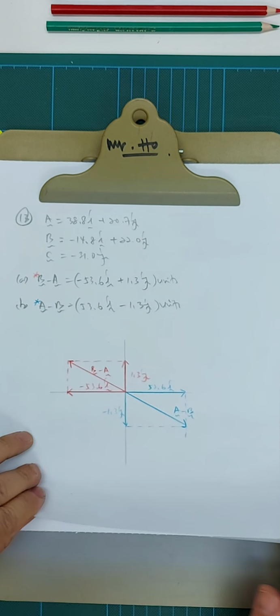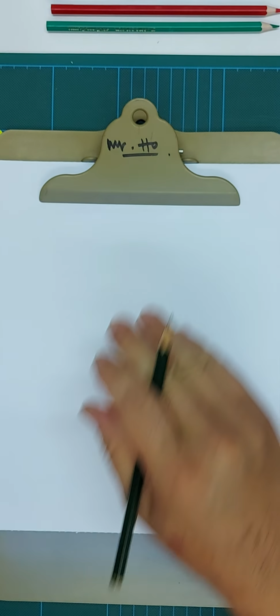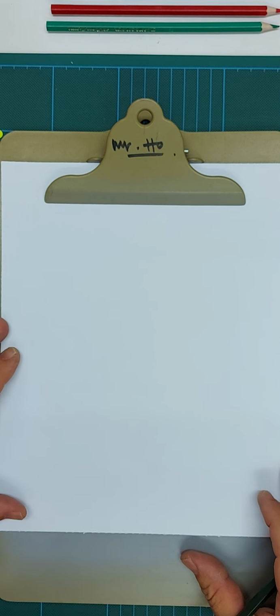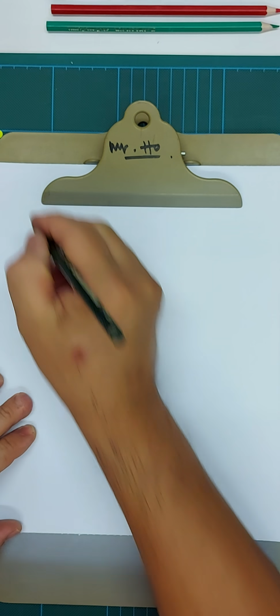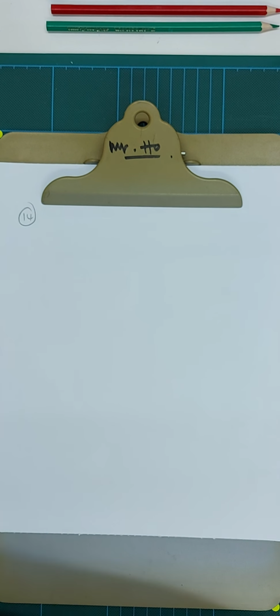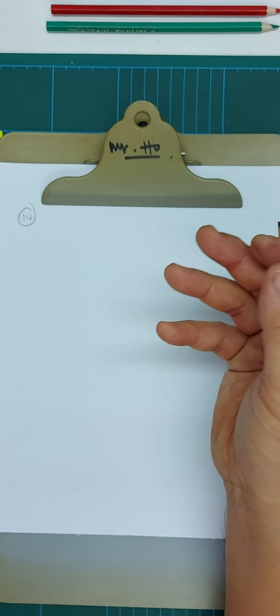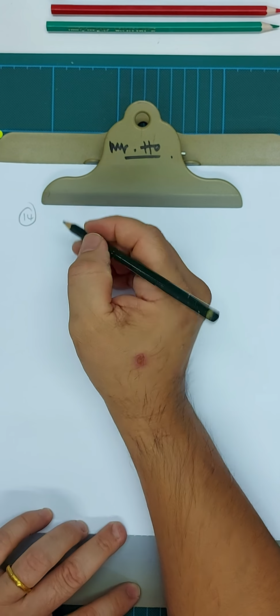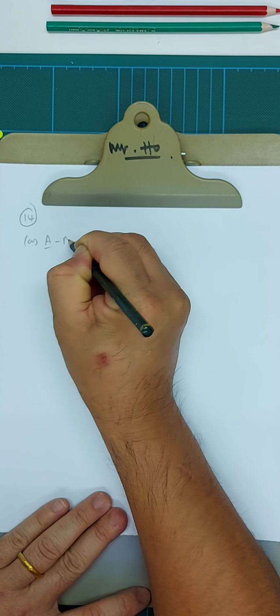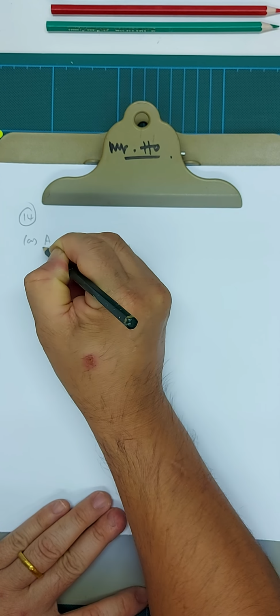Next, question number 14. Question 14 asks for the vectors given in 3.41, again the same. He just simply asks to find the value only. Find a minus b plus c.